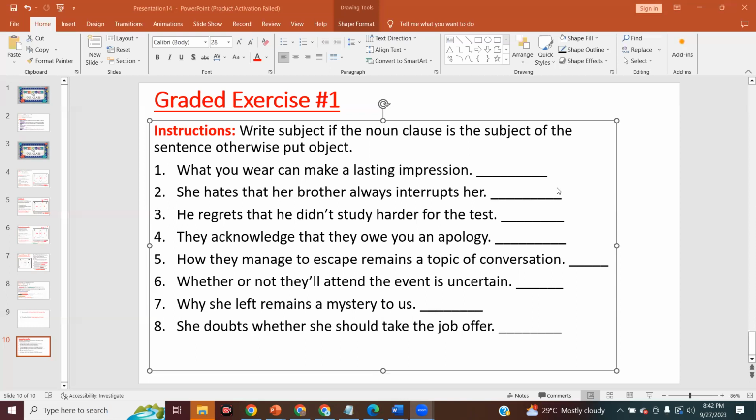Joseph, what number are you on? Number 5? Okay, how about Dion? I'm on number 5 as well. Dante, what number are you on? I'm on number 4. And did you send math notes? Yes, sir.